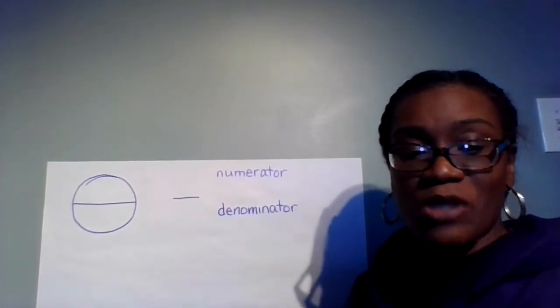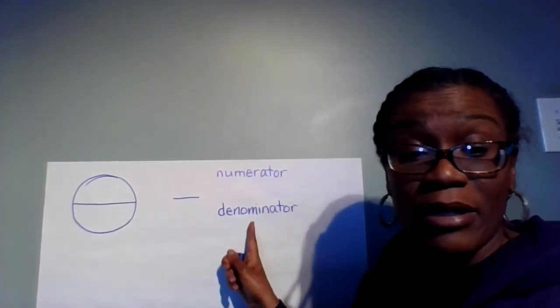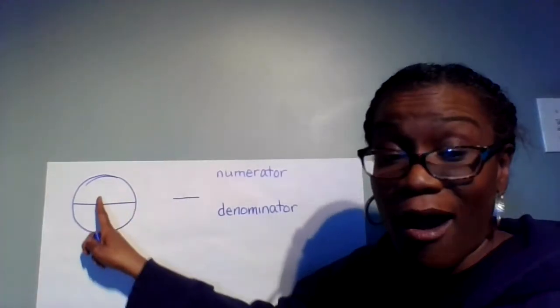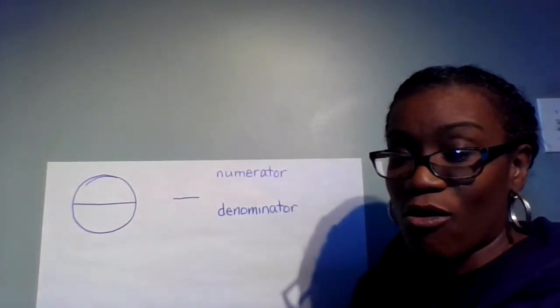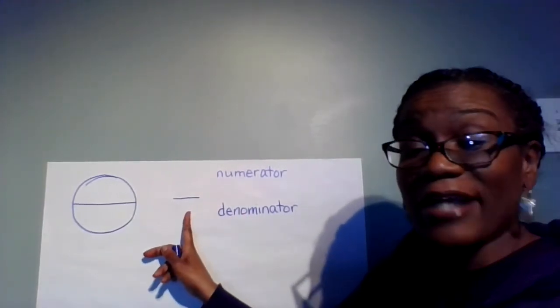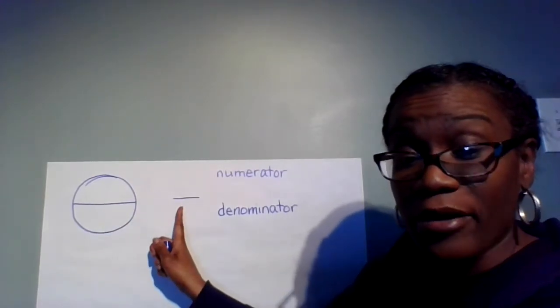And so what's so important about these parts? Well, the denominator always tells you how many parts are in your whole. So right now, if I was going to make a fraction, I would say that this has two parts.